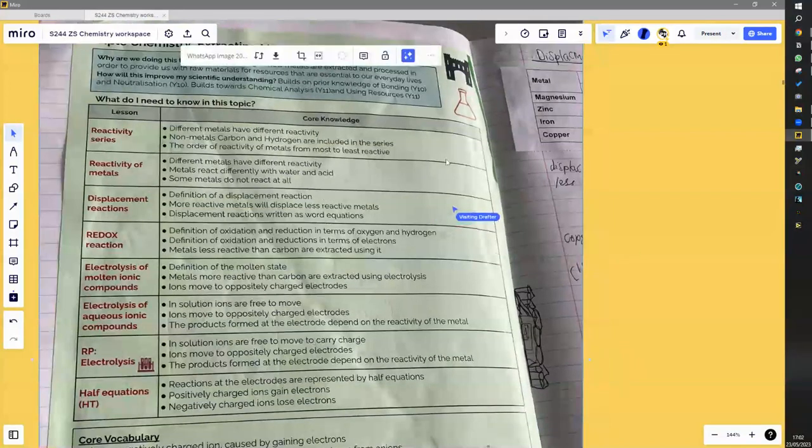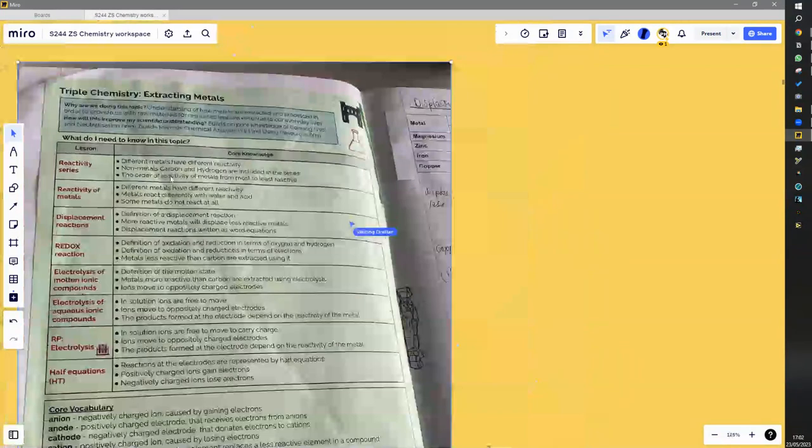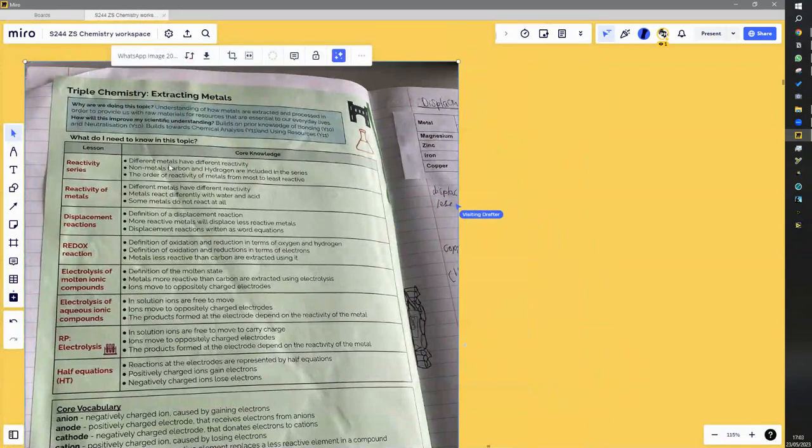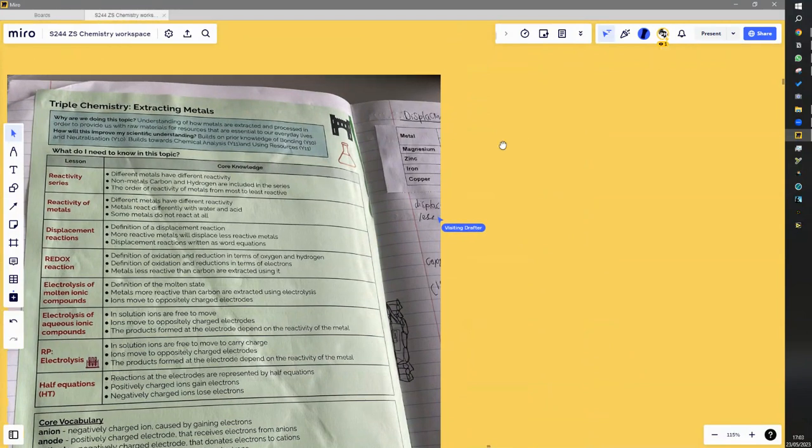Okay, so extracting metals. Really, extracting metals is all about metal reactivity. So it comes down to displacement a lot of the time, and whether or not you can do displacement. So, what is displacement?